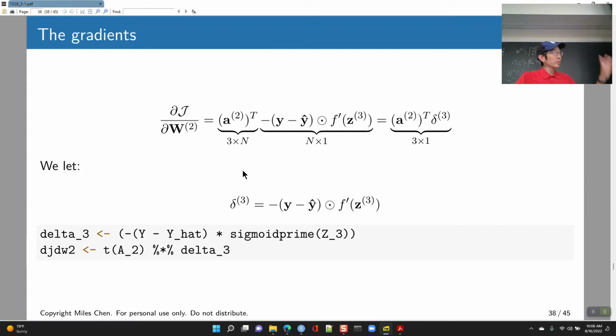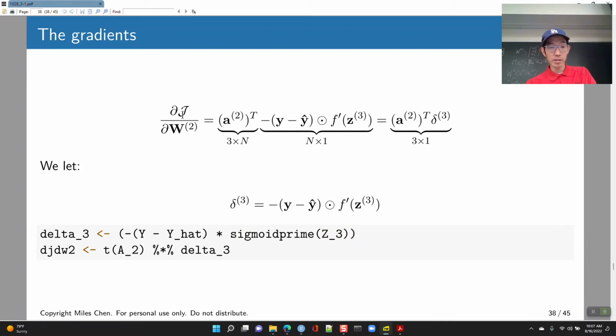The gradients, remember, we did all of that work and we came to the solution that the gradient is a2 transpose, times (minus (y minus y hat)) element-wise multiplication f prime of z3. We're going to call this thing delta 3, and this is the quantity negative (y minus y hat) element-wise multiplication, just the regular star, times sigmoid prime applied to z3.